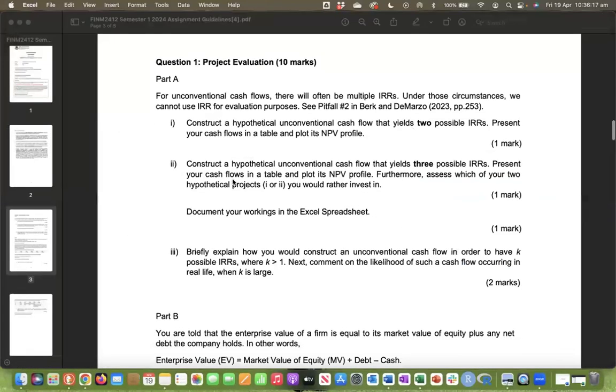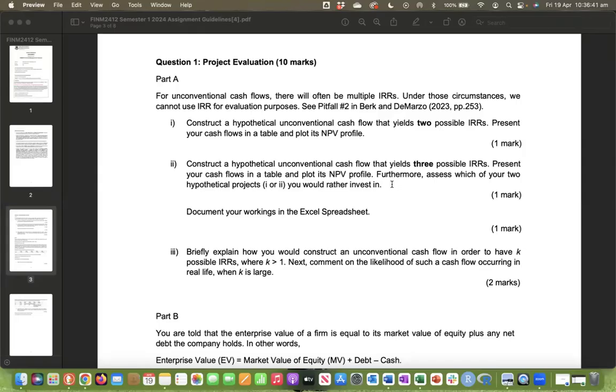Excellent. So from that, we can move to part 2, which is asking us to do the same thing, but this time we want the unconventional cash flows to yield 3 possible IRRs. So I'm not going to show you an example of that, but it's a very similar process to the 2 possible IRRs. However, we just want to show 3 on a graph in this instance.